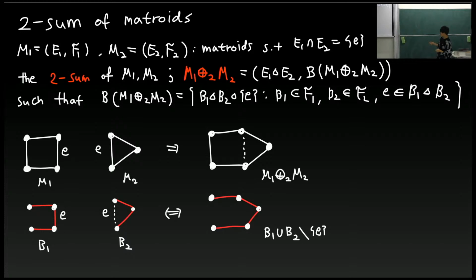The condition is that if one contains E, then the other should not contain E. In this case, B1 contains E and B2 does not contain E. After we choose two bases with this condition, we construct a base of the two-sum matroid by taking the disjoint union and deleting E. So this is how you can construct the bases of the two-sum matroid.